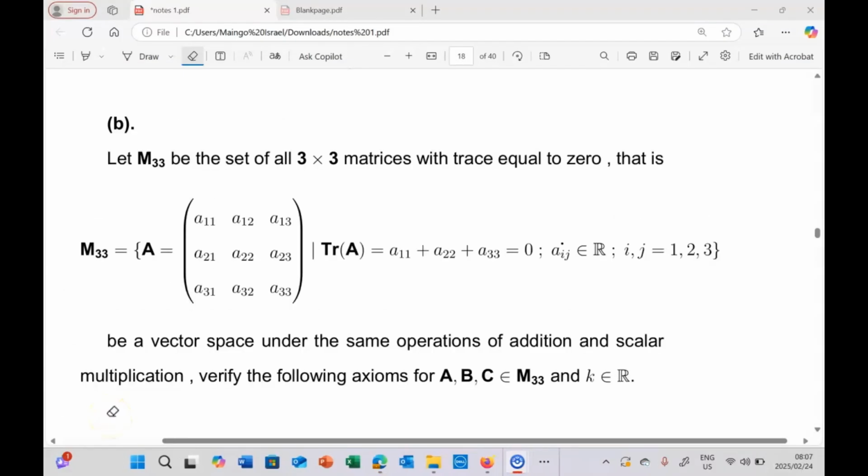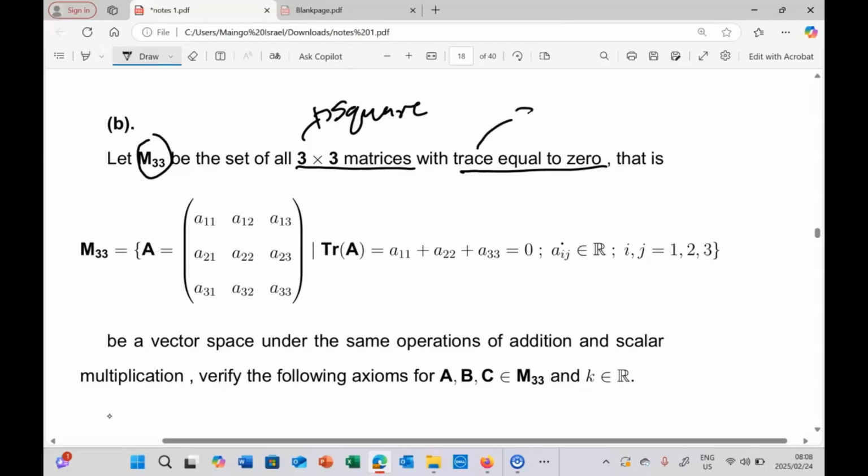Let M33 be the set of all 3 by 3 matrices. You know, this is called a square matrix, a 3 by 3 square matrix. So let M33 be the set of all 3 by 3 square matrices with trace equal to 0.